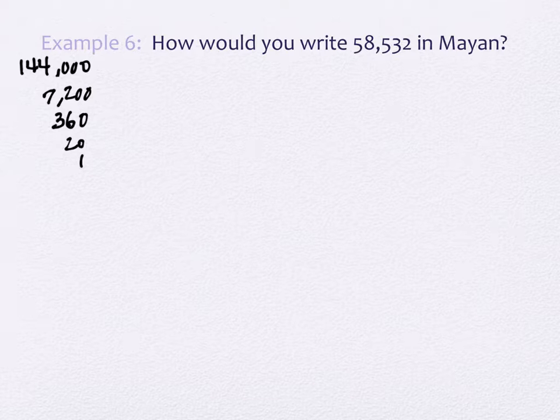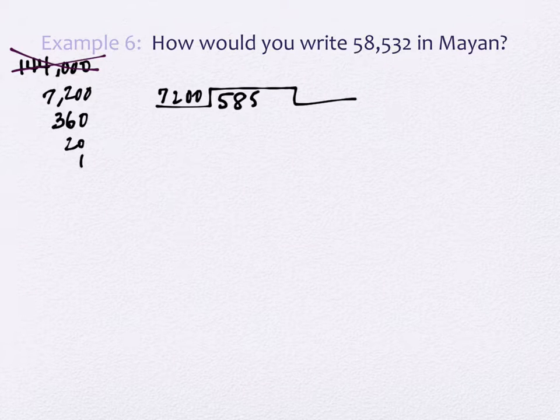Okay, fantastic. So we're going to divide by the biggest value that will actually divide into 58,000, which is not going to be the 144,000. Agreed? Yeah, I don't need that one. But do I need the 7,200? Yes. So we're going to take 7,200 on the outside of our algorithm and write the 58,532 underneath.